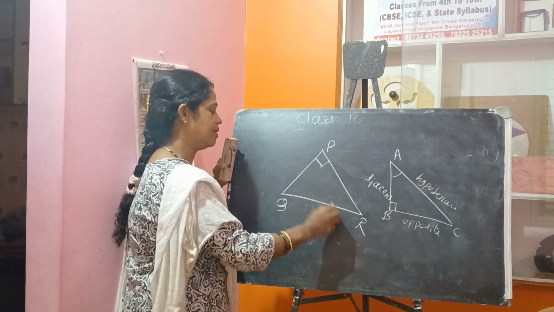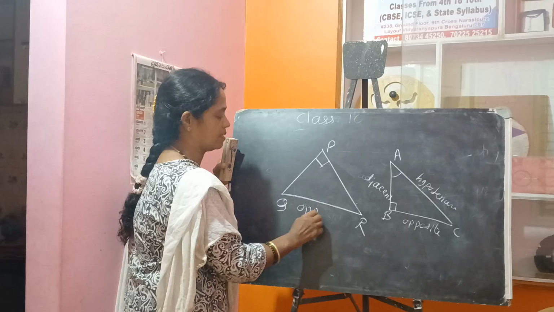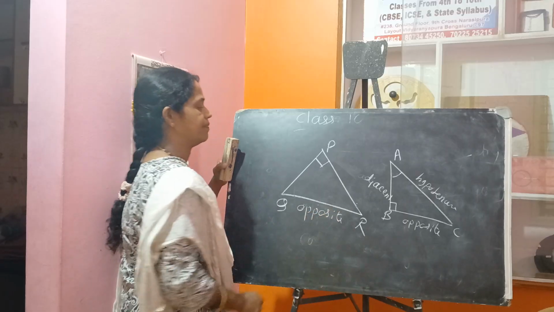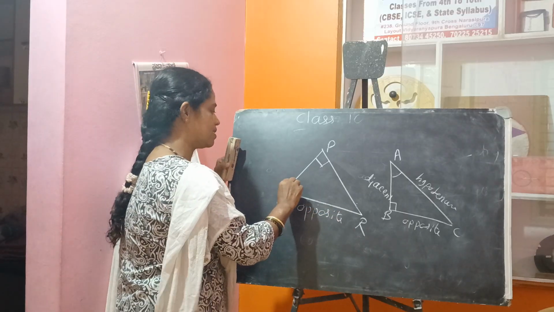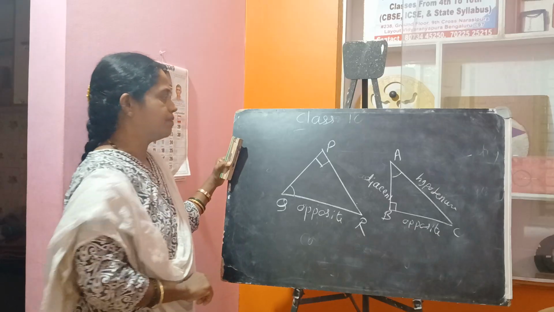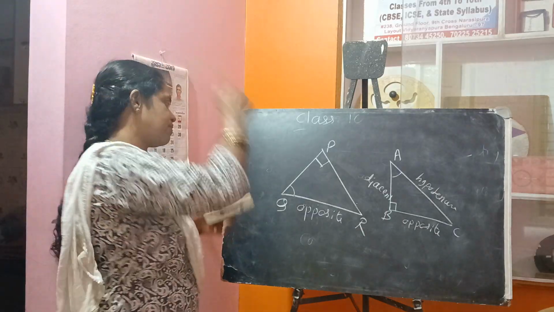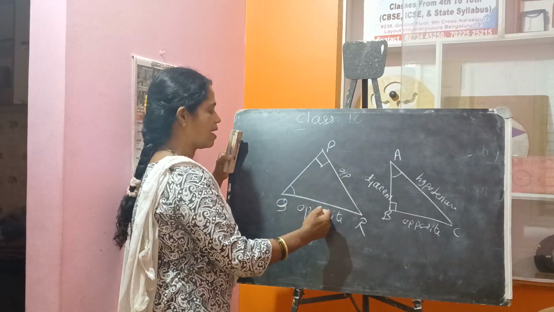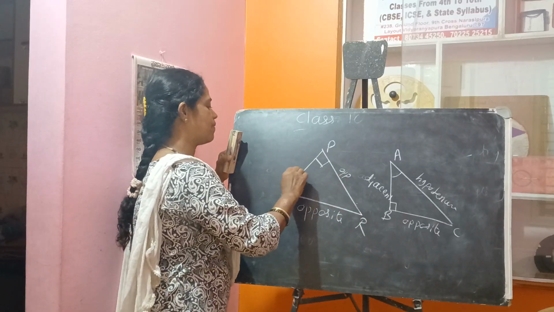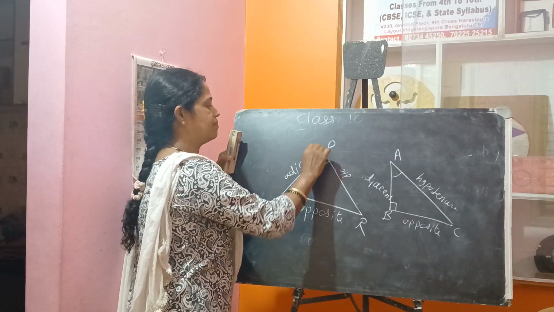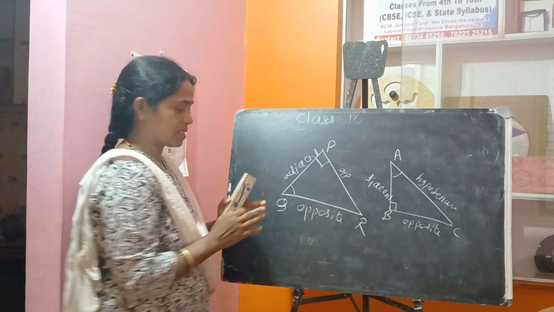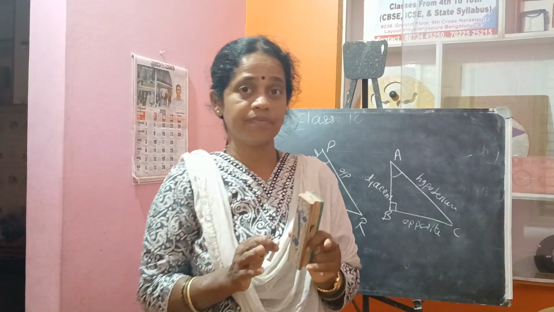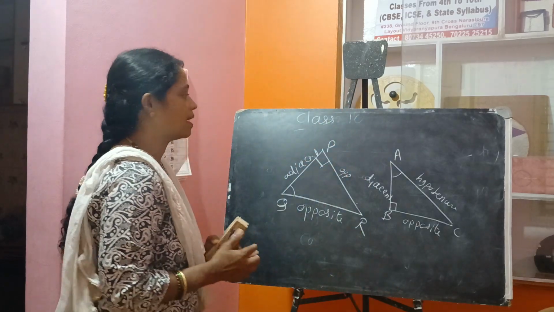That is QR, the hypotenuse. Now I am considering angle Q. Then PR becomes the opposite side, and the side PQ is the adjacent side. First, in the beginning, learn properly how to name the sides of a right angle triangle.